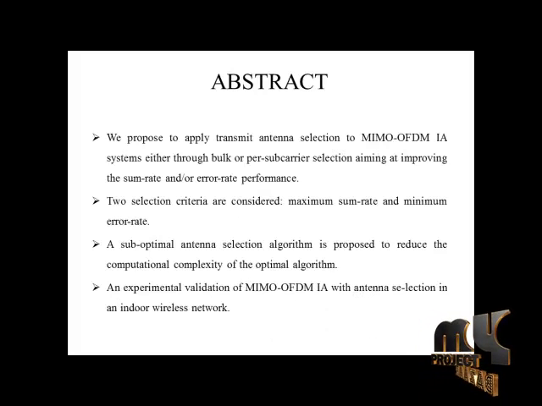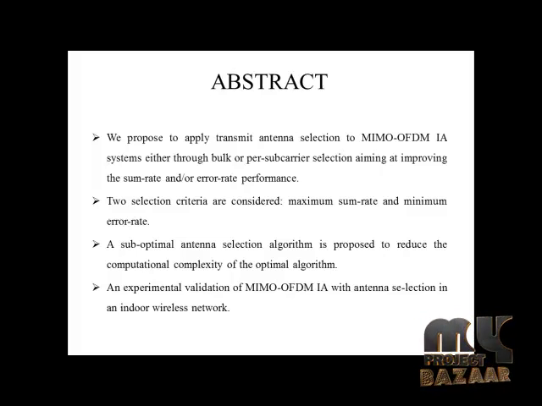The project abstract is: we propose to apply transmit antenna selection to MIMO-OFDM IA. It means multiple input, multiple output, orthogonal frequency division multiplexing using interference alignment systems, either through bulk or per-subcarrier selection, aiming at improving the sum rate and or error rate performance.